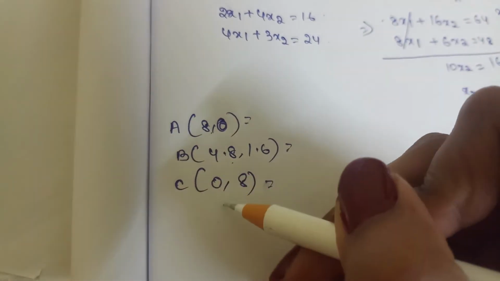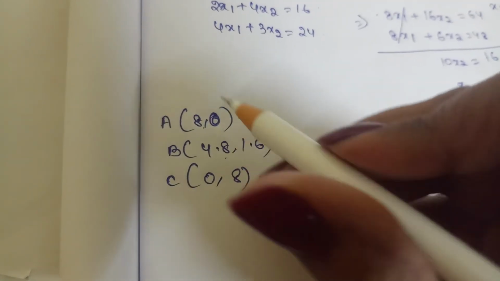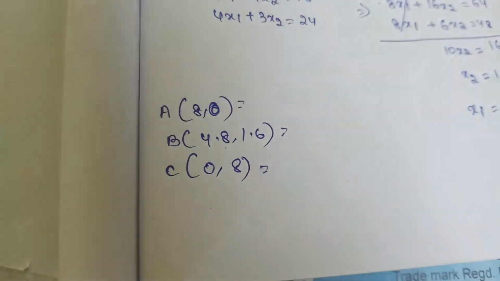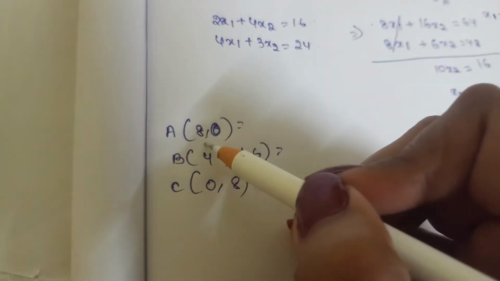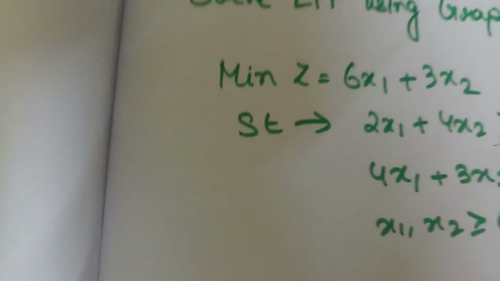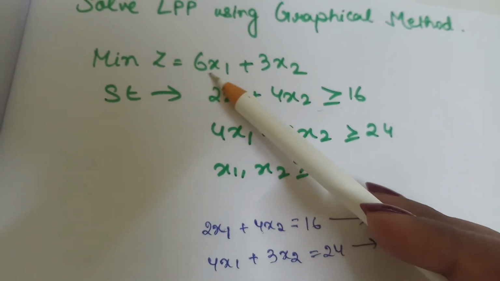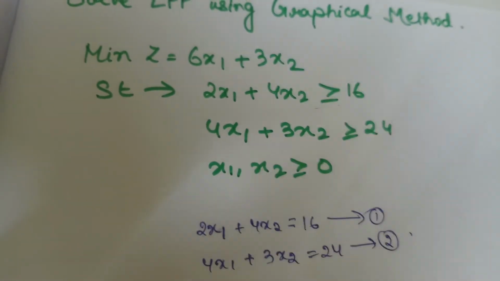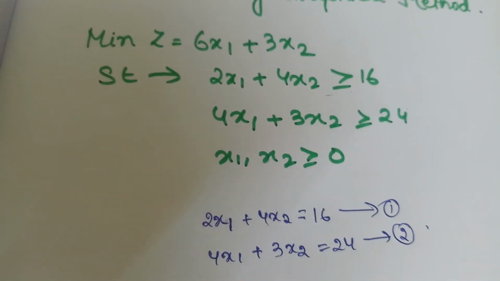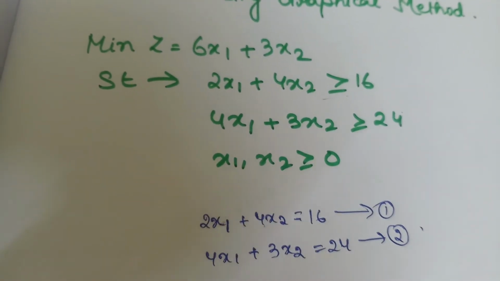So these are the x1s and these are the x2s. Now I'm going to put these values of x1 and x2 in my objective function. As you can see, this is the objective function. For x1 is 8 and x2 is 0, you get 6 into 8 is 48 plus 3 into 0 is 0.